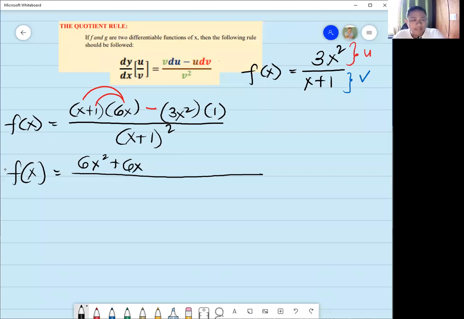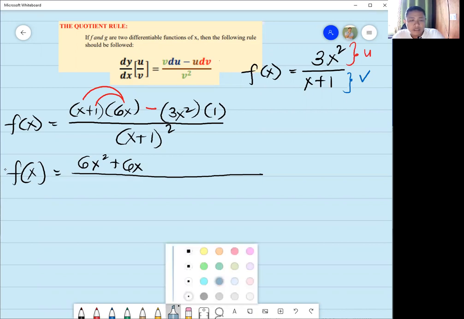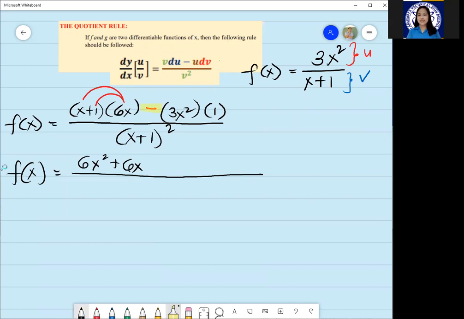Okay? And then, be careful. Since we have here our minus sign, don't just move carelessly here. Remember that there is a minus sign here. You have to distribute this. It's a good thing that our term after the minus sign is just a monomial. If it is a binomial or trinomial or a longer polynomial, you have to distribute that negative value for the minus to all the terms in your polynomial.